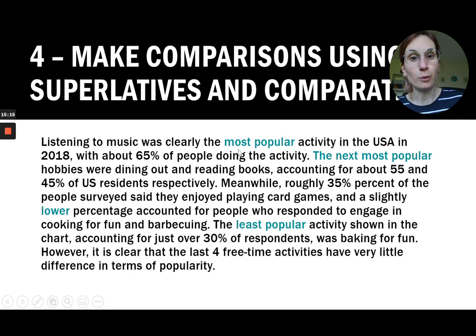So for example, the most popular activity, the next most popular, or the second most popular, enjoy playing, and a slightly lower percentage, the least popular activity. So it's good to use the superlatives, it's good to use the comparatives and show that you've got that language to make comparisons. Also, the essay question is asking you to make comparisons where relevant, so do it.